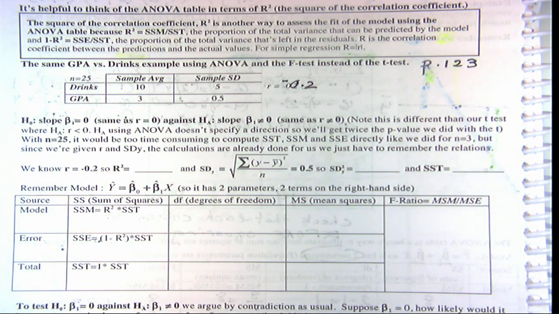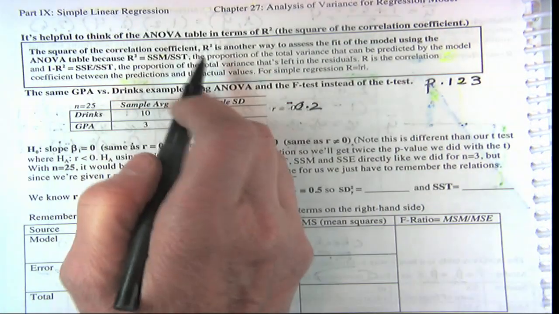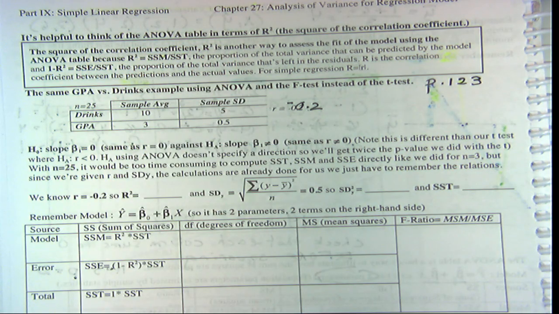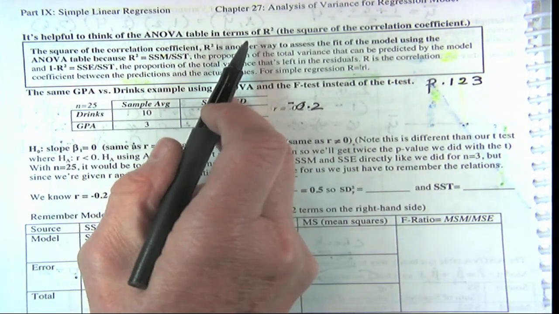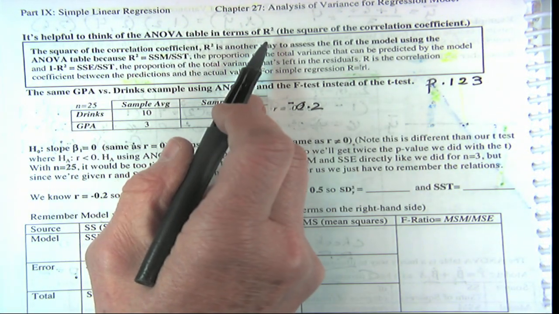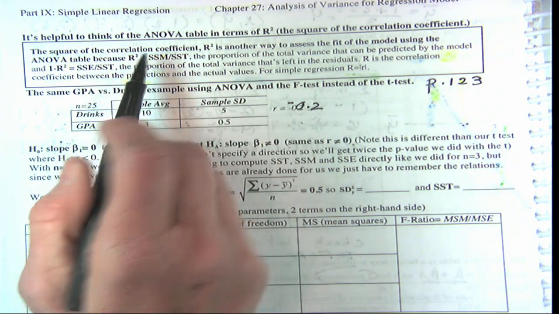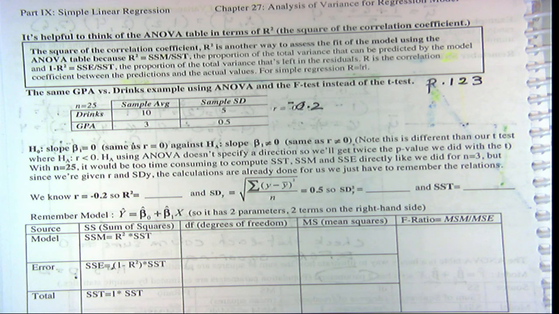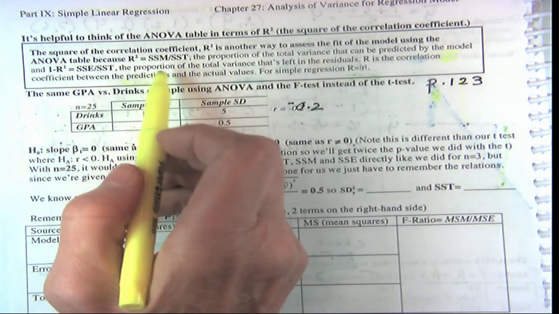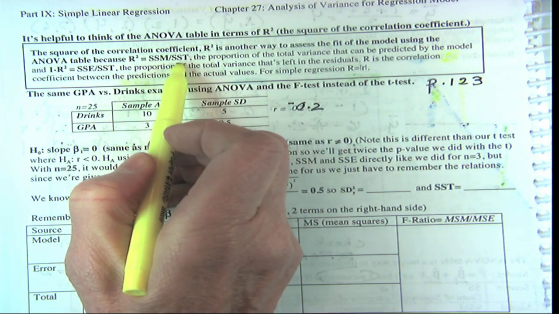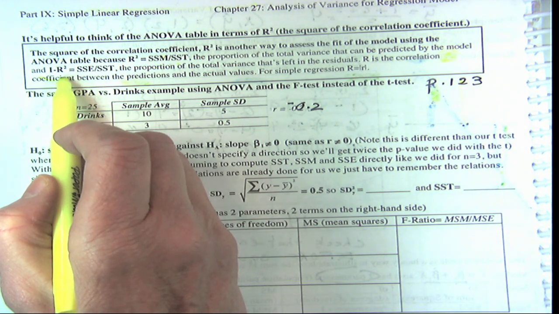All right? So we're going to use it. Remember, we're going to relate it to r squared. The correlation right here, it's helpful to think of ANOVA in terms of that r squared, which is the coefficient of determination. Remember, we talked about it before. We said that the r squared is the proportion of the total variation of the y's that's due to our model, and 1 minus r squared was what's left in the errors.